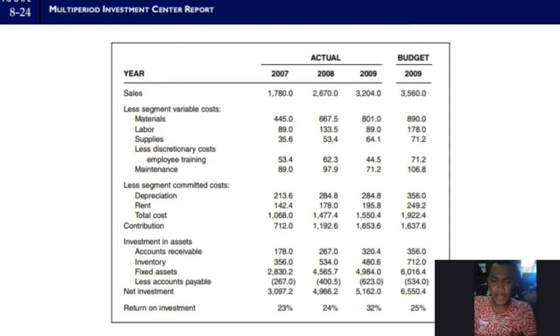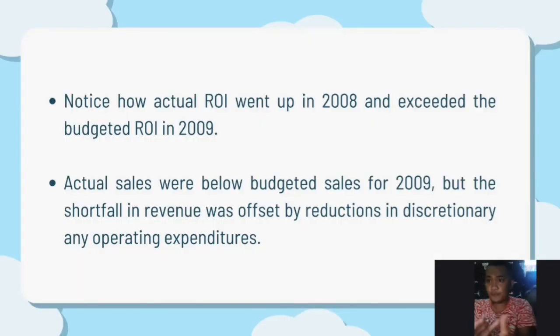The ROI figure is further improved by reducing investment in inventory and plant equipment or fixed assets to lower the asset base. In this example, the manager took actions that increased ROI but were dysfunctional to the organization.